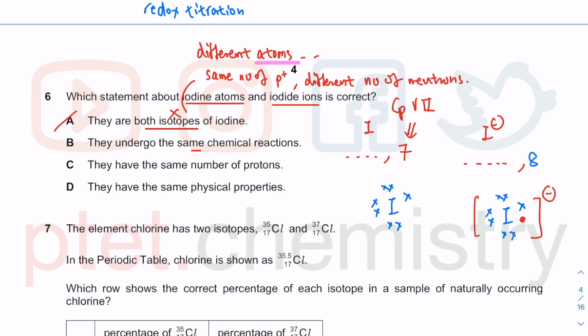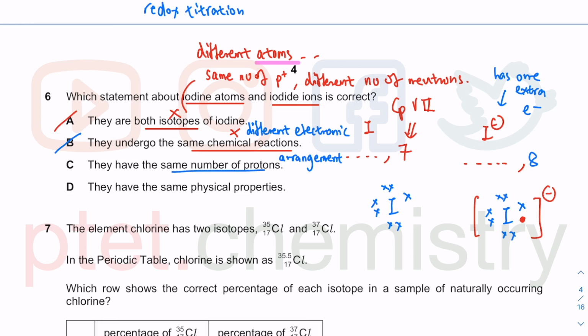They undergo the same chemical reactions? Not really, because if you look at the number of electrons, this one has 1 extra electron. Because of that extra electron, your outer shell is completely filled, so you become more stable. Therefore, they have a different number of electrons and a different electron arrangement, and as a result, different reactivity.